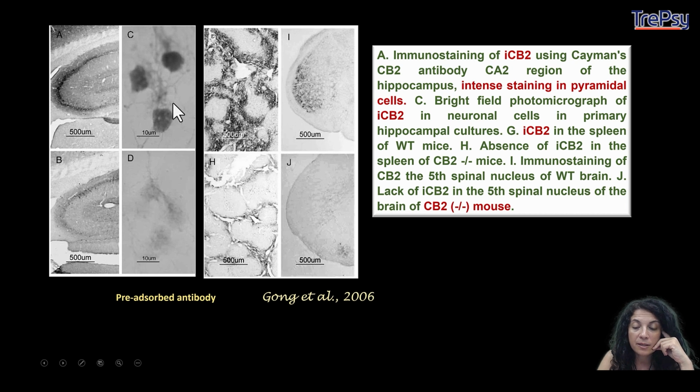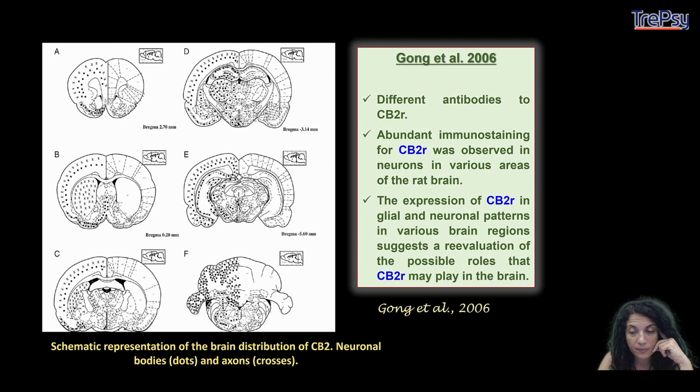So here we can see that the cannabinoid receptor is expressed in the brain of the rat in non-pathological condition. So the importance of this work was the different antibodies used to identify CB2 receptor.